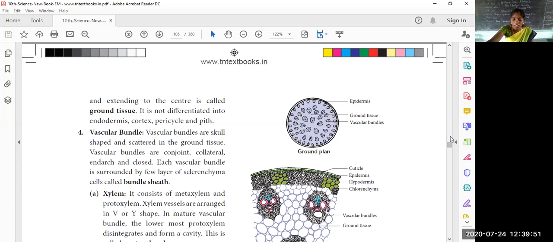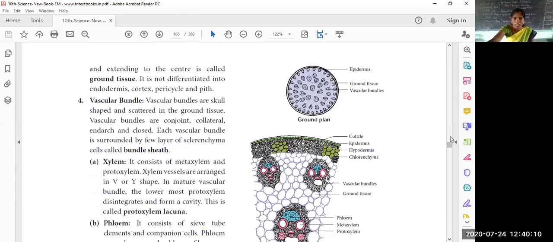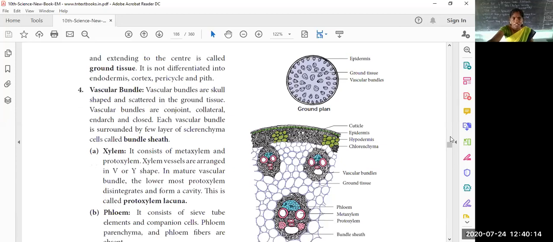Collateral means xylem in the center and phloem in the periphery, and endarch means protoxylem lies towards the center and metaxylem lies towards the periphery. These vascular bundles are closed type. Each vascular bundle is surrounded by a few layers of sclerenchyma cells called the bundle sheath.